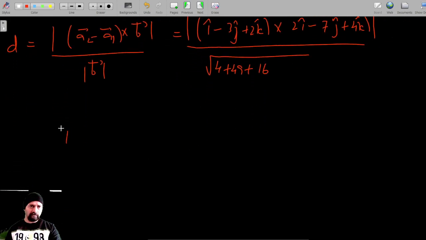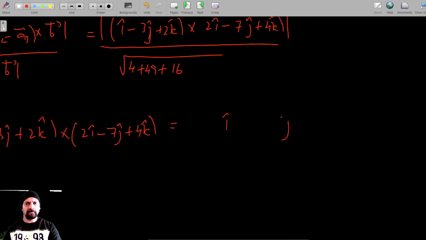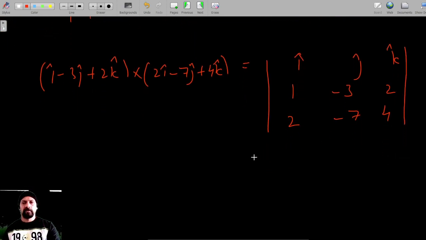So the cross product of i cap minus 3j cap plus 2k cap with 2i cap minus 7j cap plus 4k cap is the determinant of i cap, j cap, k cap; 1, minus 3, 2; 2, minus 7, 4.